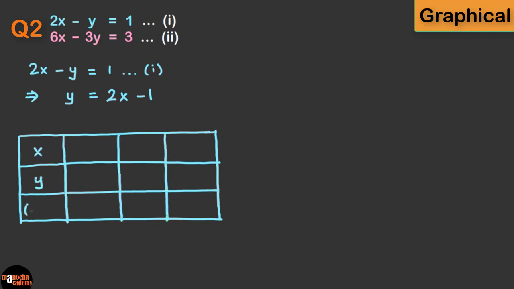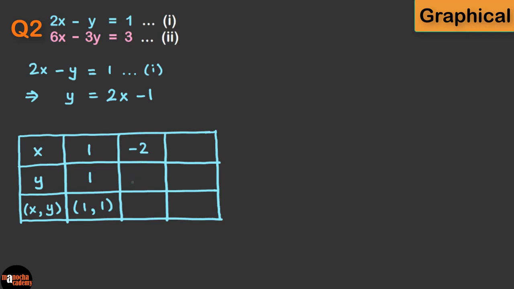For the first point, let's take x equal to 1. Now using the equation y equal to 2x minus 1 and substituting x as 1, we get the value of y as 1. So we have our first point, (1, 1). For the second point, let's take x as minus 2.